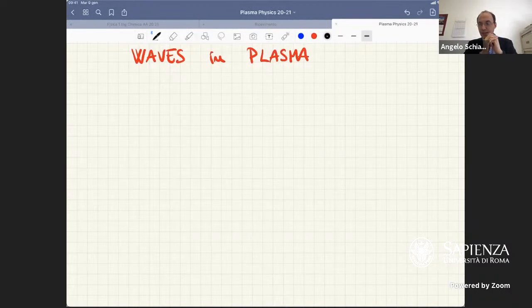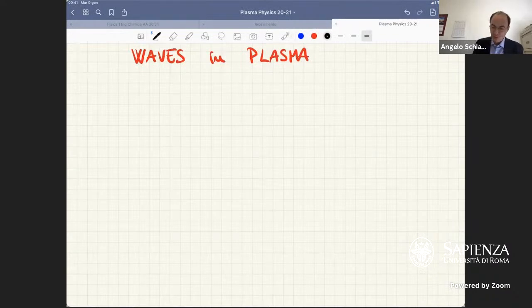So we see that inside the plasma we find many different ways of producing waves. Just bear with me for the tongue twister.